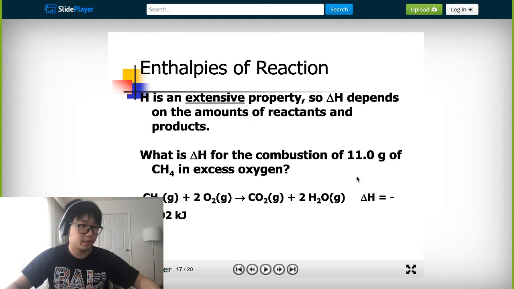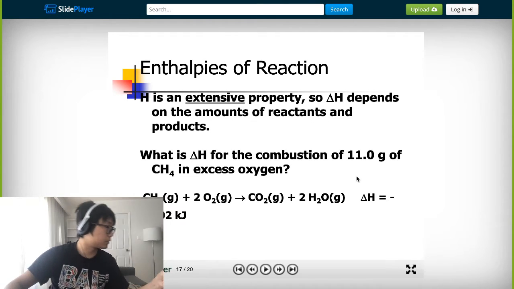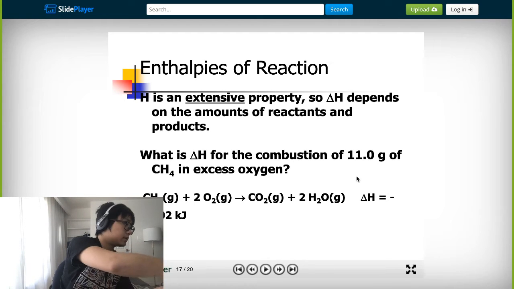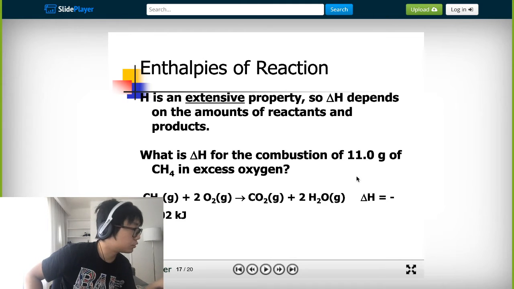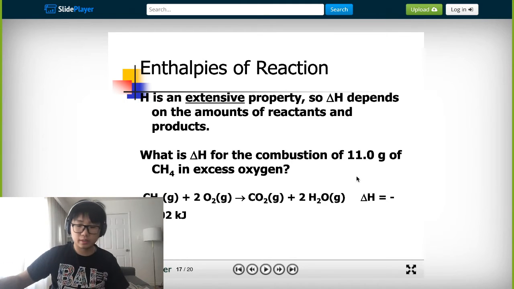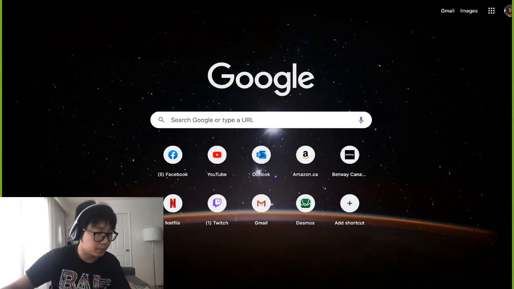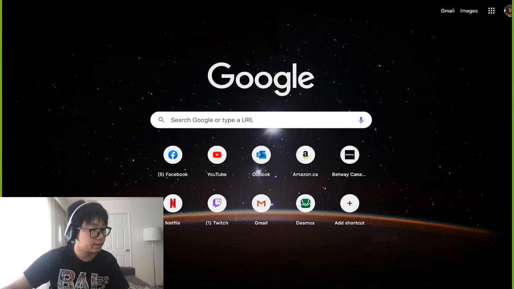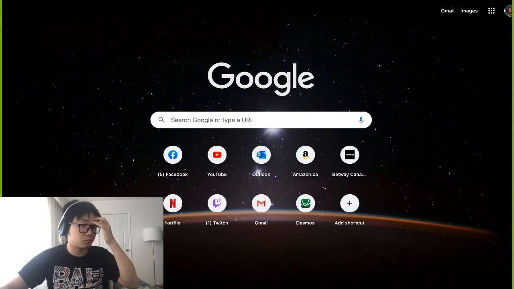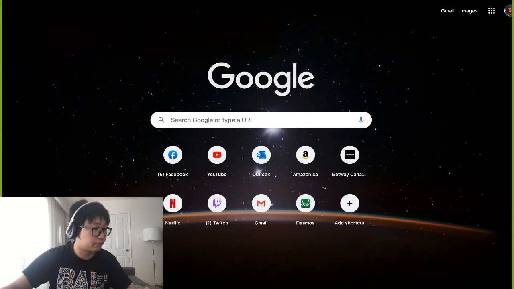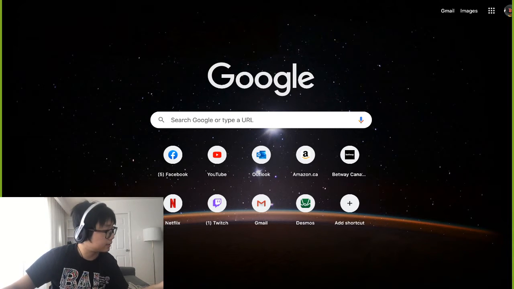Now we can actually turn to our textbooks, because we're going to consult a chart at the back. If you look at page 799, that gives you all of the standard molar entropies as well as the enthalpies of formation. So I want to describe to you what that chart is saying.